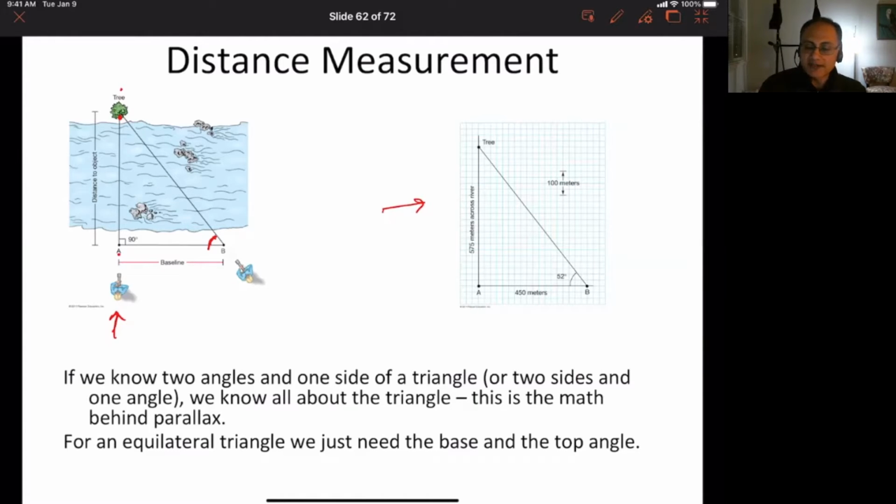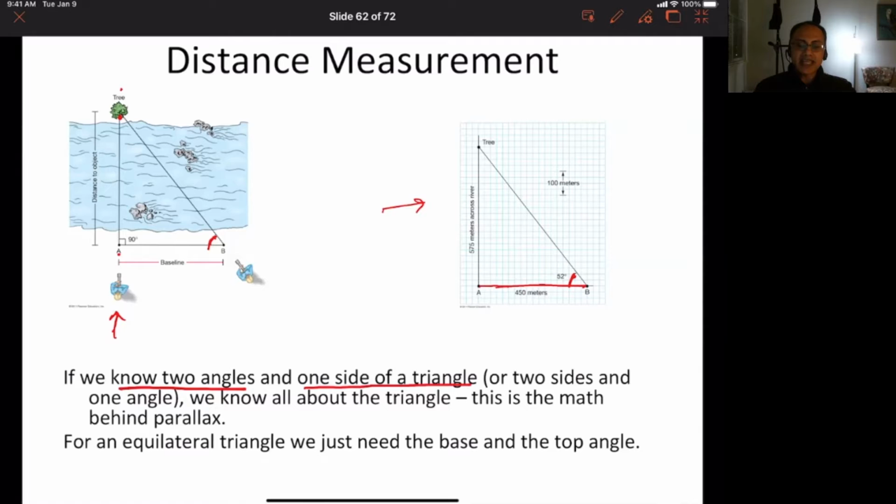So the two pieces of information that you have are this length from A to B. Let's say you measured this length, and you also know this angle that you needed to turn your telescope to look at the tree from location B, right? Now, there is an interesting mathematical property of triangles, which you might or might not remember from high school, that for any triangle, if you know two angles and one side of the triangle, then you can figure out everything about that triangle.